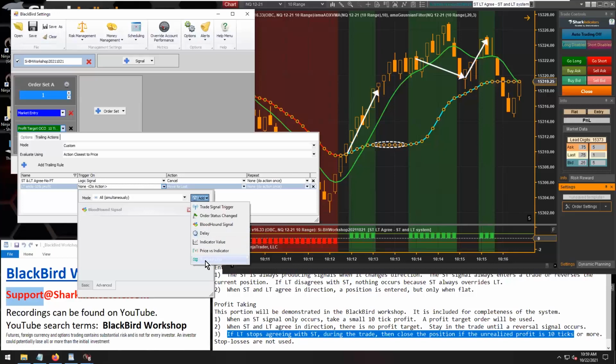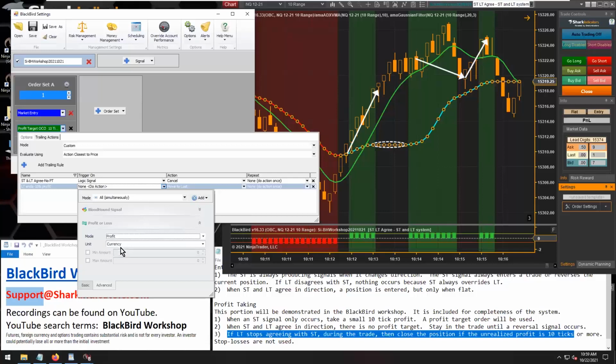We literally want to use the profit or loss, and this trigger is looking at unrealized profits and losses. So let's add the profit or loss, and the mode is going to be profit, and the units is going to be ticks, and we're looking for a minimum of 10 ticks.